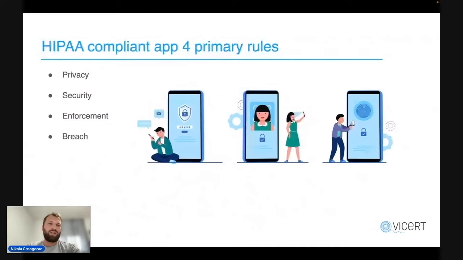To make a HIPAA compliant app, there are 4 primary rules: privacy, security, enforcement, and breach. Now, privacy ensures protection for the use and disclosure of medical records and PHI. The rule is intended to make the transfer of health data more efficient.